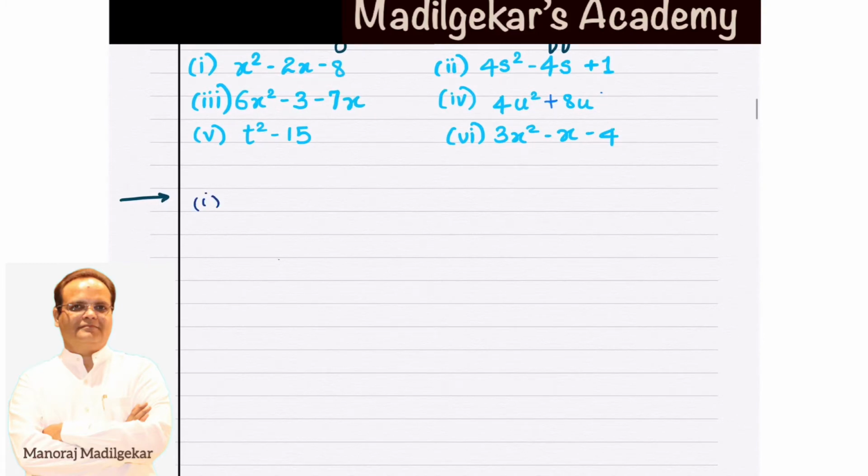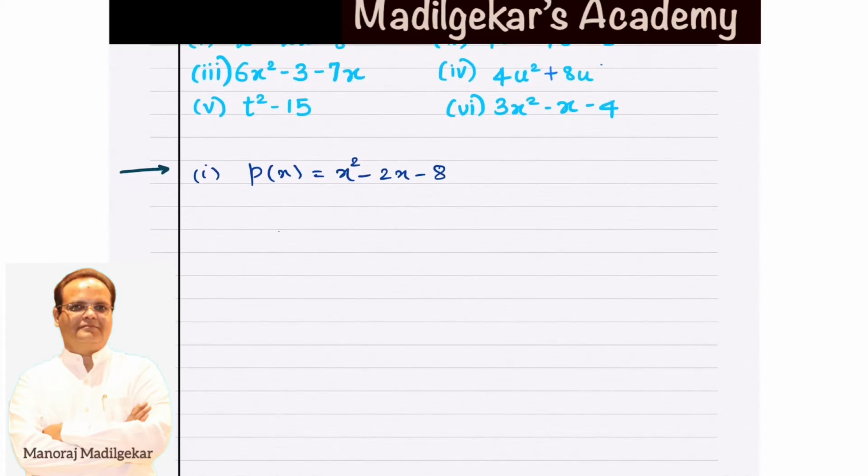First example, we have p of x as x square minus 2x minus 8. Recall how you split. We split in such a way that the product of the two numbers is the constant and the sum should be the middle term.